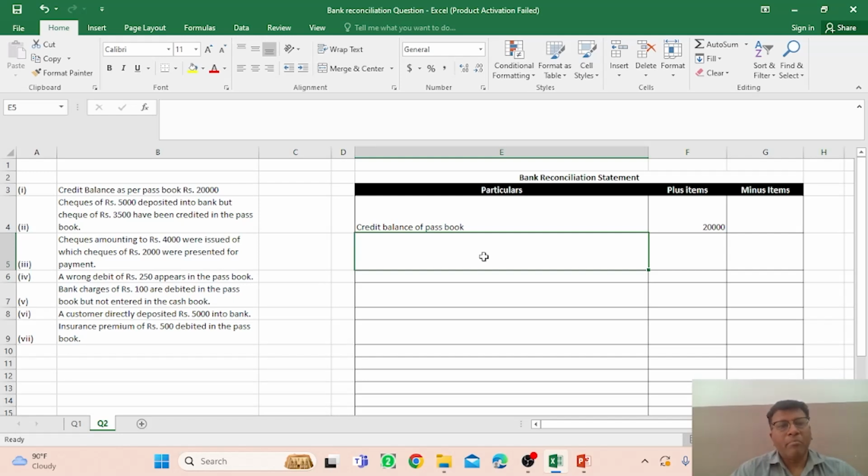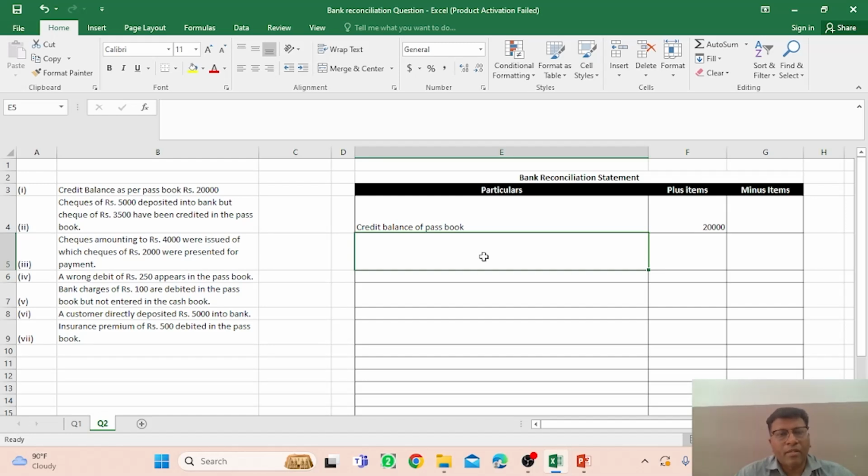It means this is a mistake on the part of the bank. Bank is not entering all the checks, maybe due to some reason, not a mistake but deliberately the bank is not crediting due to some particular reason. So if there is a discrepancy, there is a difference between the amounts, you find that 1,500 checks were not credited in the passbook.